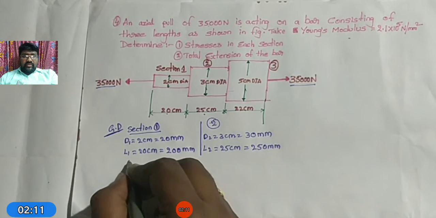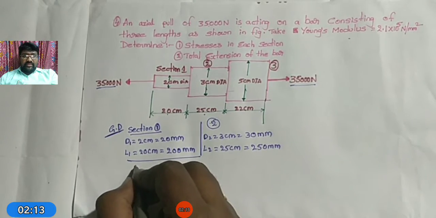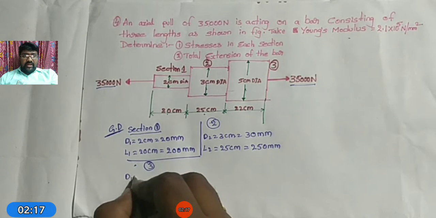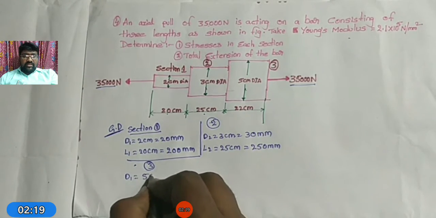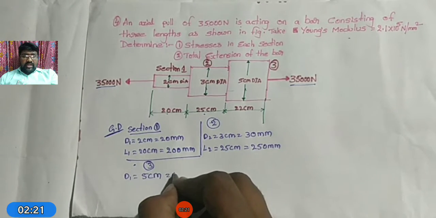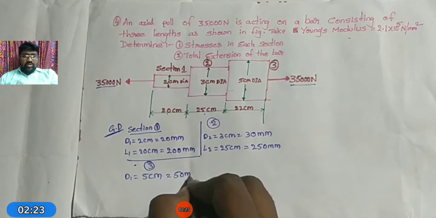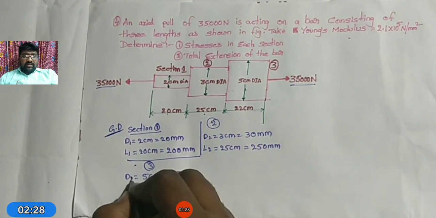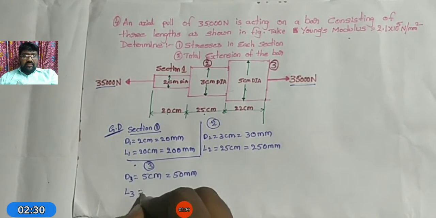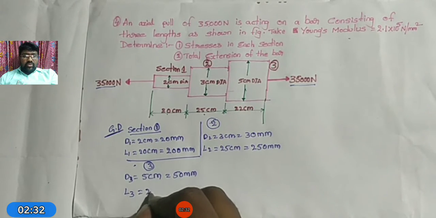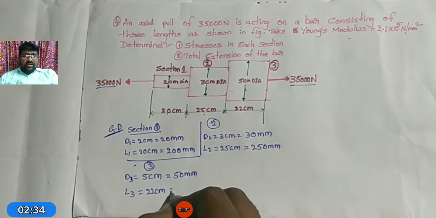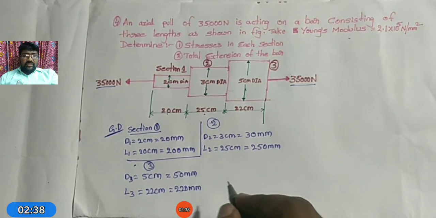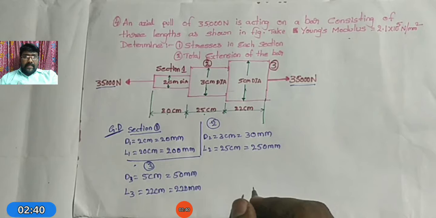Next, for section 3, the diameter D3 is 5 centimeters, that equals 50 millimeters, and the length is 22 centimeters, that means 220 millimeters.